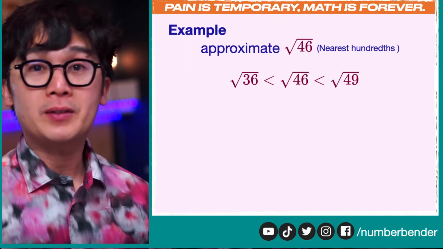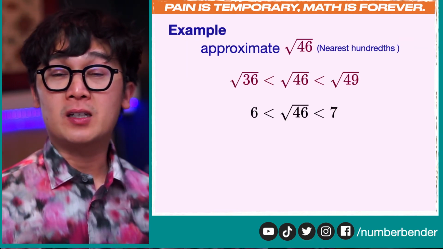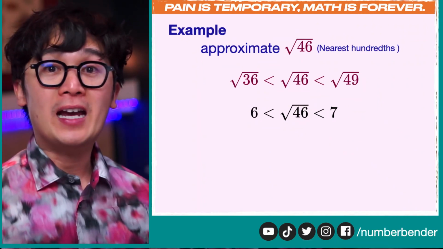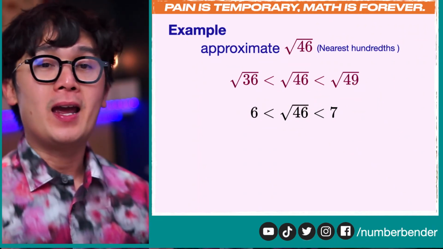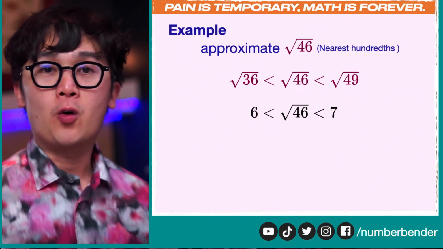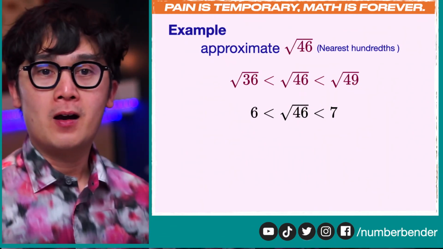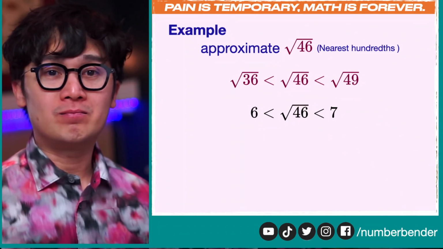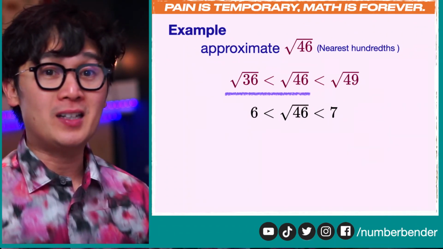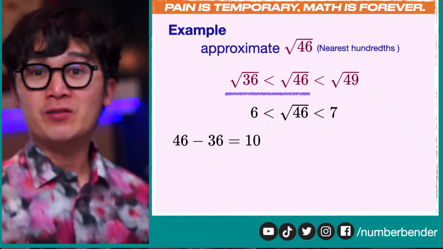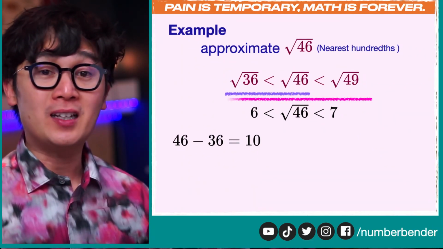So, recap, the two perfect squares would be 36 and 49, so that means our estimated value of square root of 46 is 6 point something. We're able to find that decimal value by using 46 and 36 and finding their difference, and 49 and 36 and finding their difference.